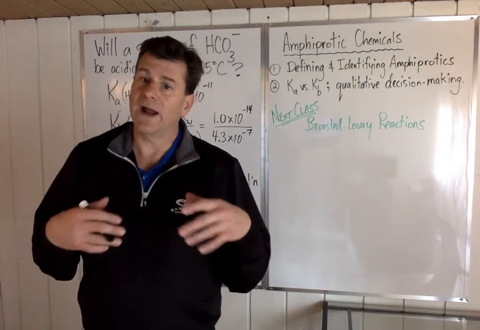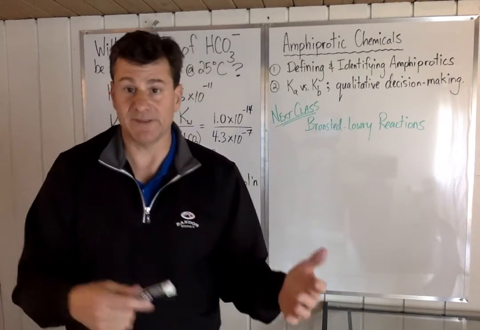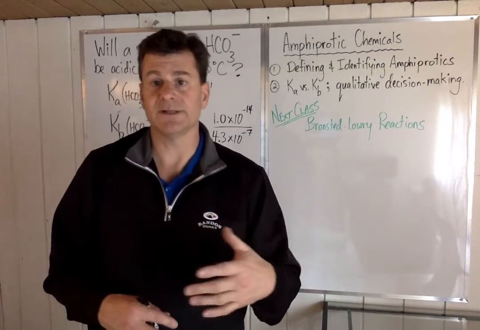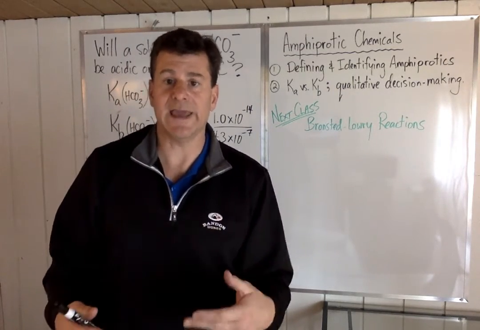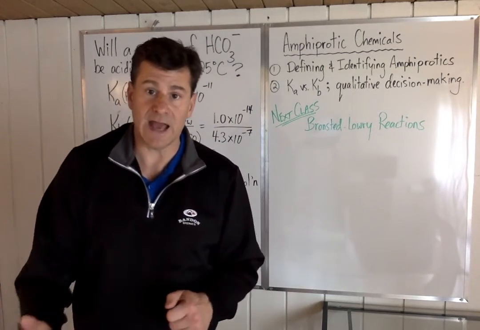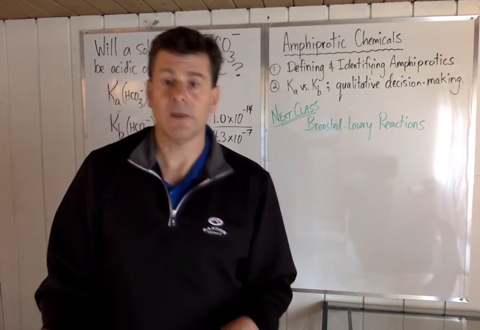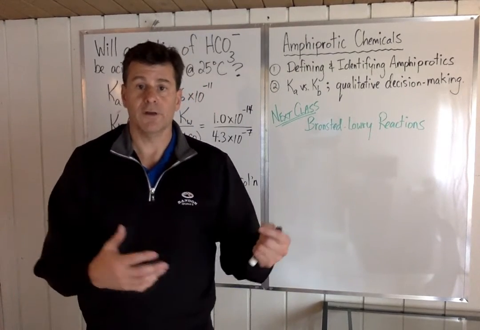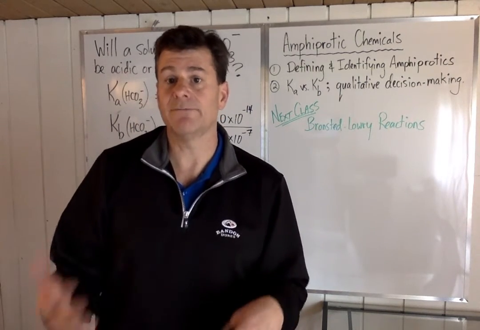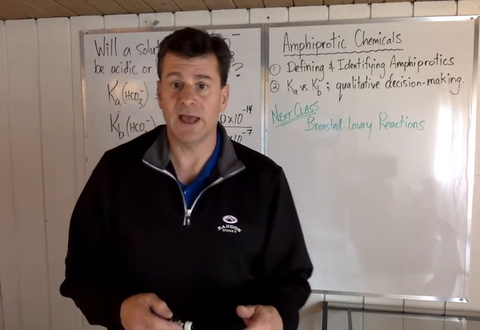So what you need to have in your mind, and we'll bring this up in the next class as well, is something known as the predominant reaction. When you take HCO3 minus and put it into water, the predominant reaction is HCO3 minus acting as a base over HCO3 minus acting as an acid. Okay, so keep that in mind, and that should cover us for amphiprotic species.